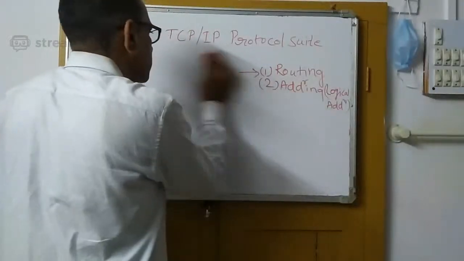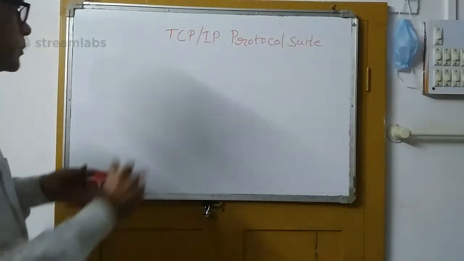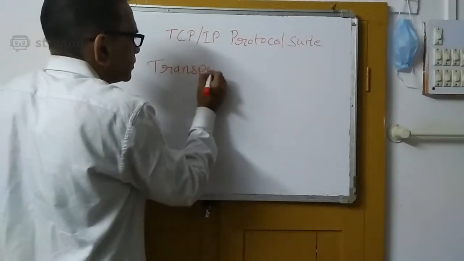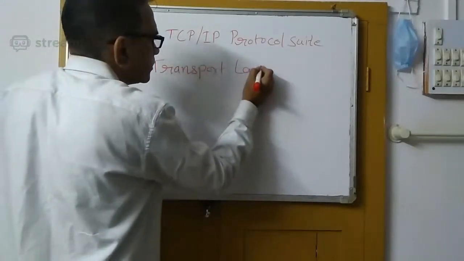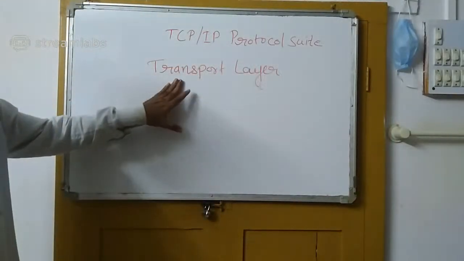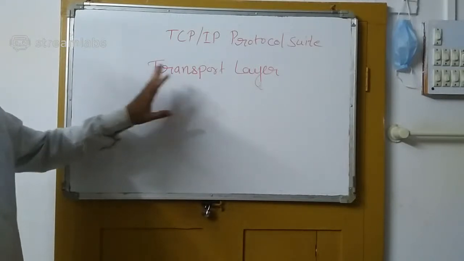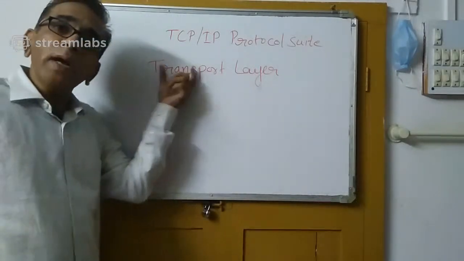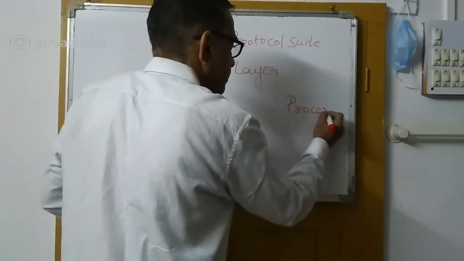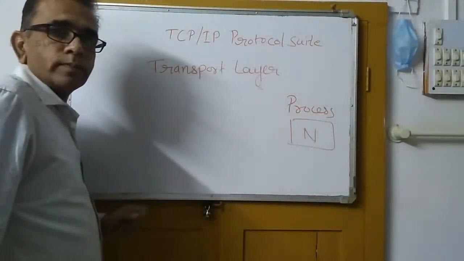So now I will talk regarding the transport layer. In this particular layer, the task this layer is required to perform is to identify the processes which are sitting on different nodes.